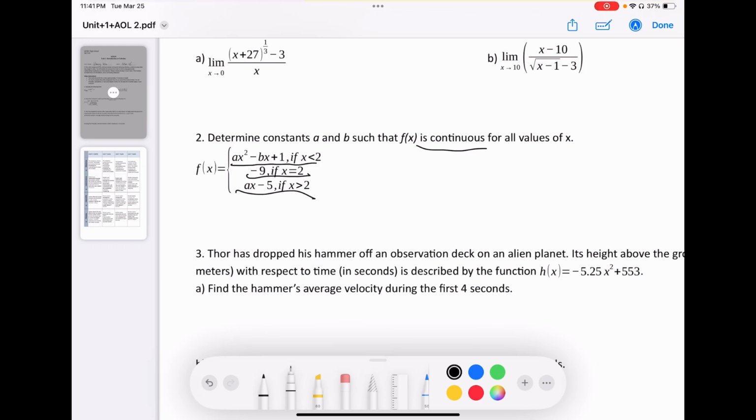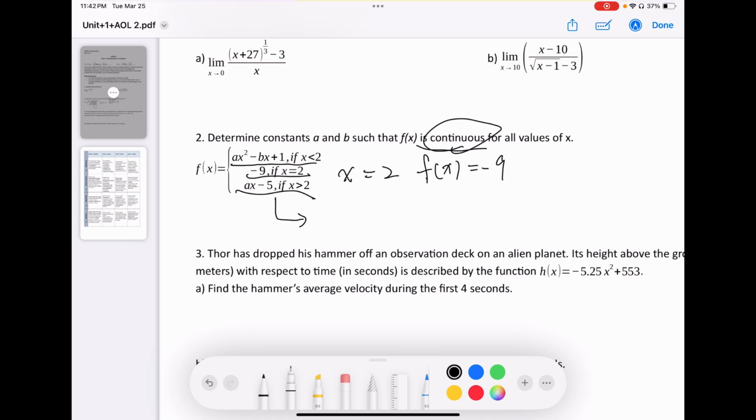Like this. So we just plug in x equals 2 into the equation, and f of x has to be -9 to fulfill the continuity.